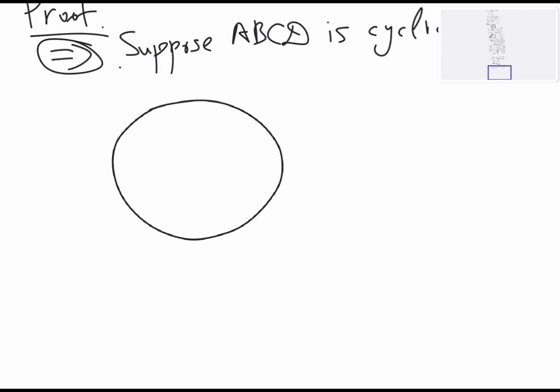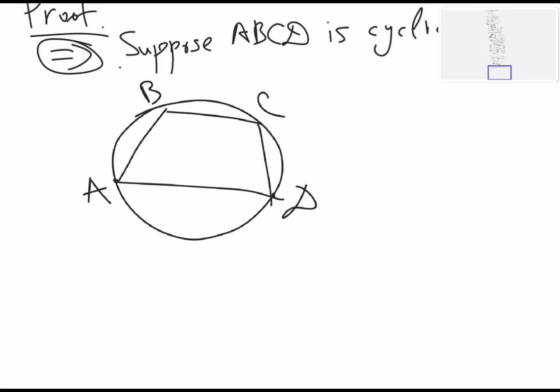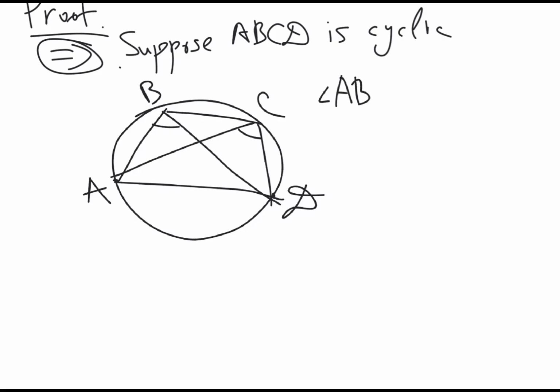Then we know already that its vertices lie on a circle, ABCD, and these two angles are equal because they're inscribed. So the angle ABD is equal to, it's an inscribed angle that subtends the arc AD, right?